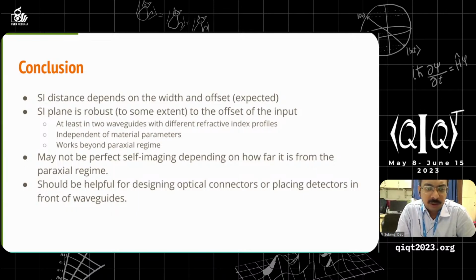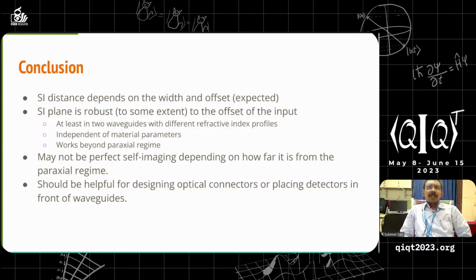And although this result actually happens to fall in the paraxial regime, at least for the case of a waveguide with metallic walls, you get a region in the non-paraxial regime where you get a nearly stationary self-imaging plane.